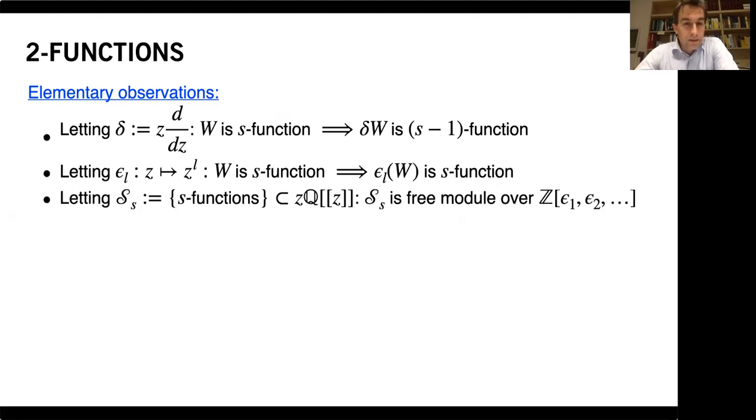And then you have this space of all S functions, a subspace of power series. I didn't mention this, but I assume no constant term in this power series. You can also add a constant term if you want, but if you want to make this delta invertible by integration, then it's better not to have a constant term, otherwise you get logarithms.